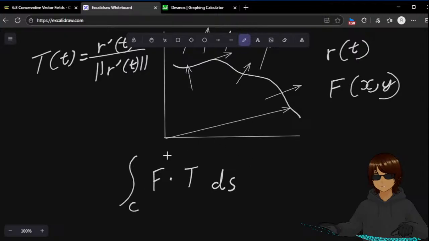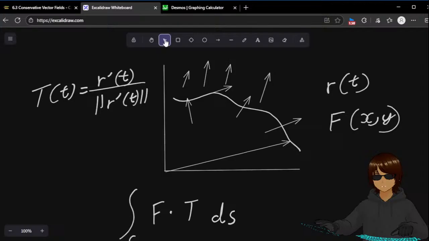So this integral is basically saying, for each tiny piece, we multiply the vector field at that point with the tangent at that point, and we sum the multiplication for infinite points.